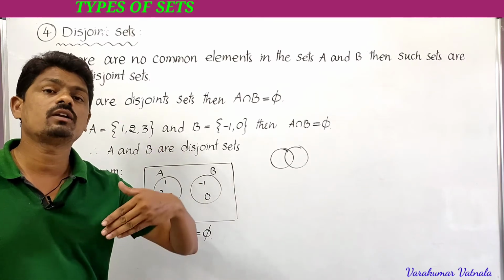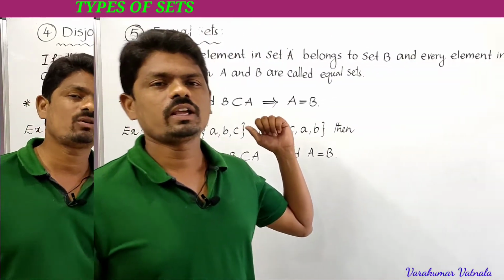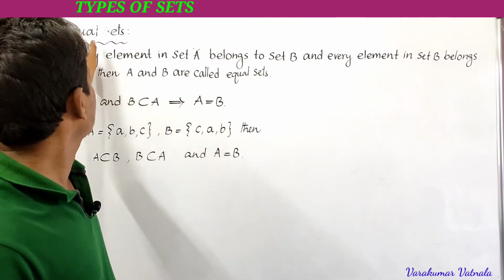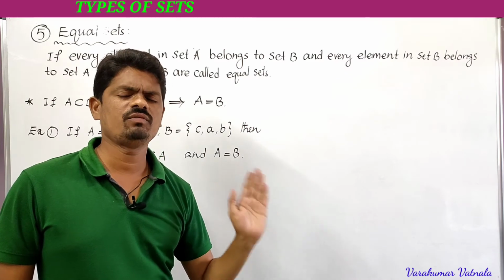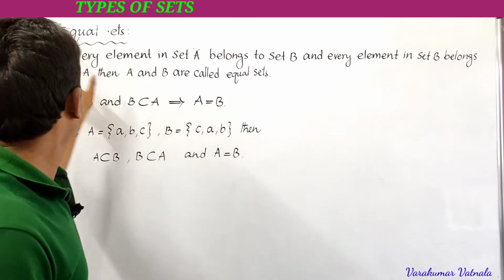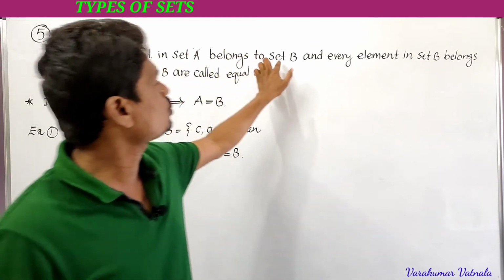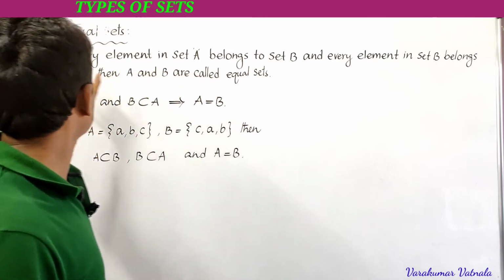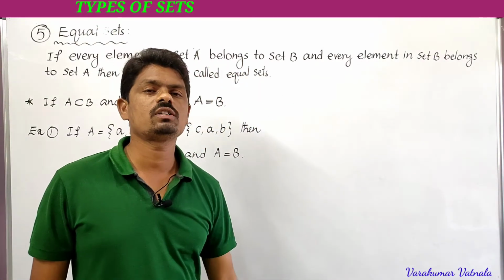So next we have to learn about equal sets. As its name says, equal, they must have equal elements. That's all, very simple. So if every element in set A belongs to set B and every element in set B belongs to set A, then A and B are called equal sets.